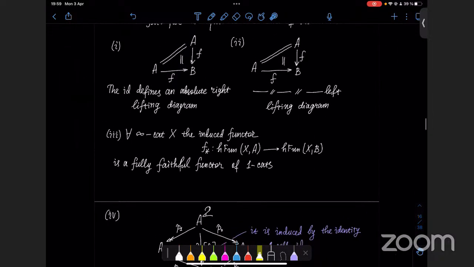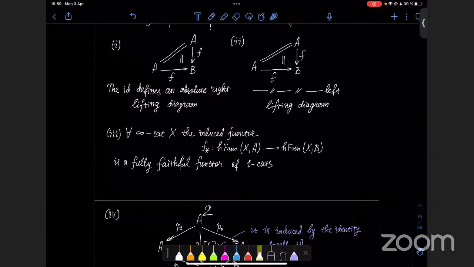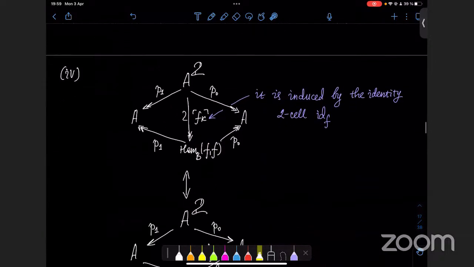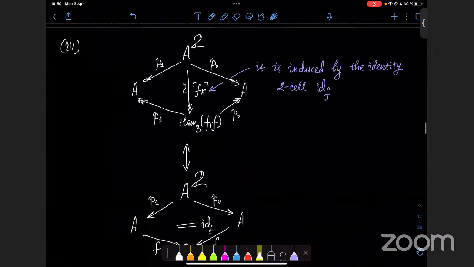It follows from the previous theorem, just in the case that you have R here to be an identity morphism, and it follows the equivalence between this item.